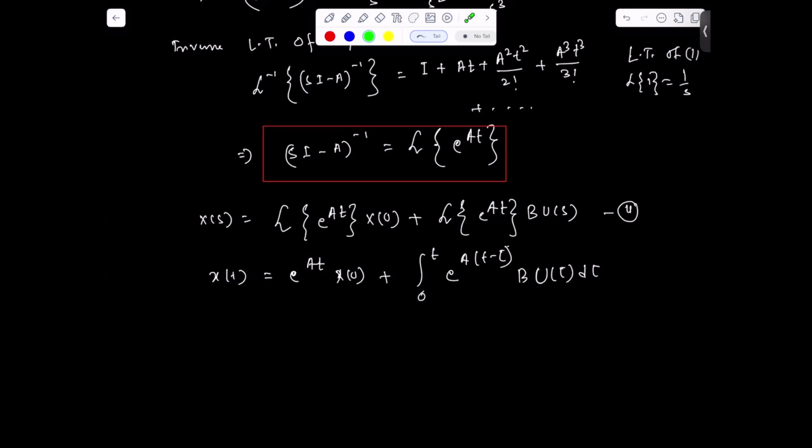And if there is a control input in our system, how we can use the state transition matrix to find the solution as well. So let's stop here. We'll take an example in the next lecture on how we can validate whatever we have done in today's lecture. Thank you.